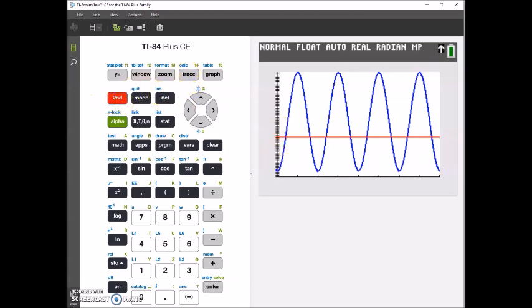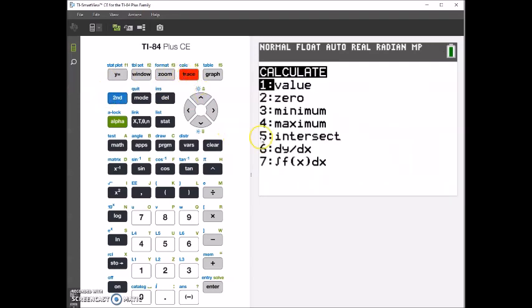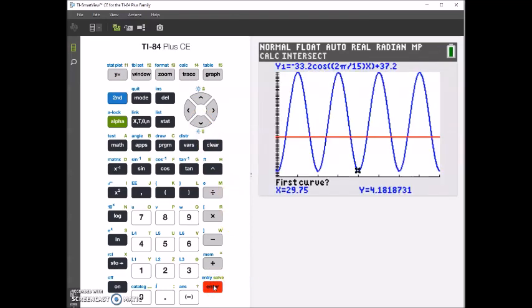I can do that by clicking on second trace, which is calculate, and going down to number 5 here. And I want to use my arrow keys to get back closer to where that first intersection is.